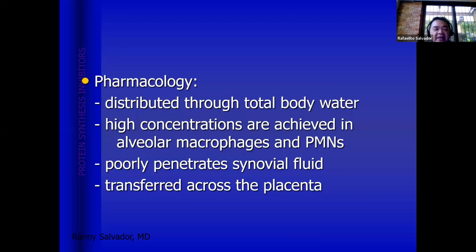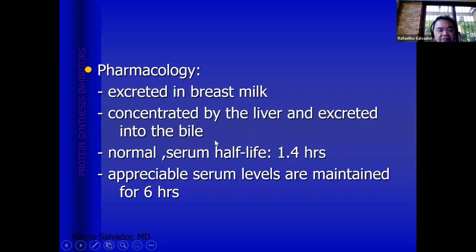If you take macrolides, the classic erythromycin is distributed through total body water and has high concentrations in alveolar macrophages and PMNs, our neutrophils. But it poorly penetrates synovial fluid and is transferred across the placenta.